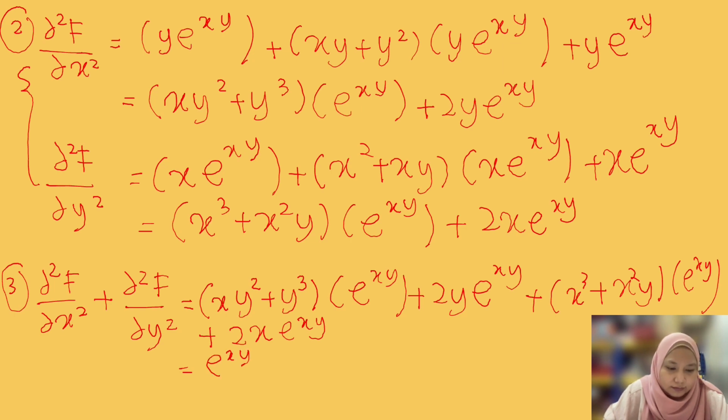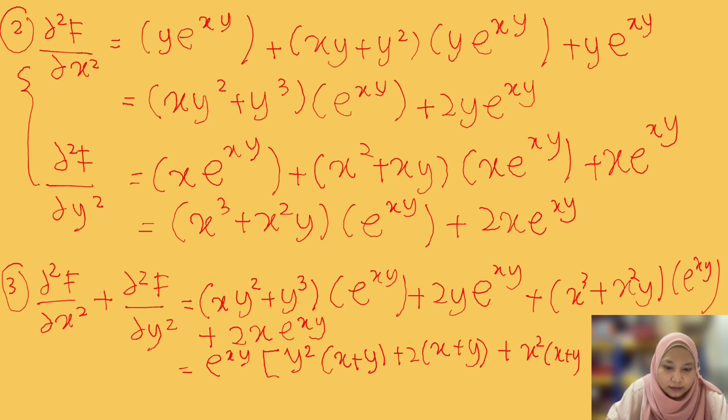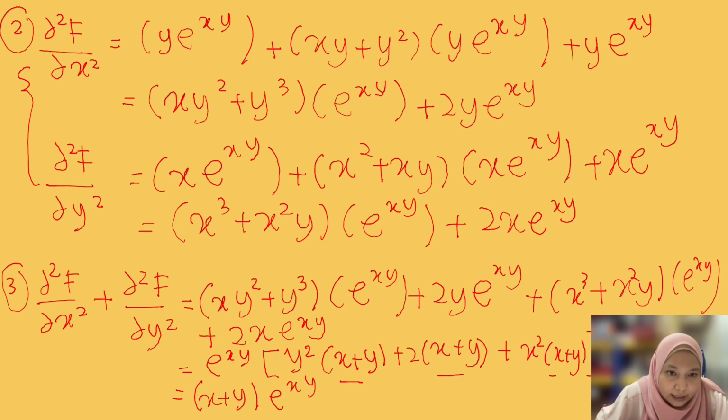You can factor out e^xy, you get y squared (x plus y) plus 2(x plus y) plus x squared (x plus y). You see x plus y here, x plus y here, x plus y here, so we can factor that out. So we have (x plus y) exponent xy times (y squared plus x squared plus 2).